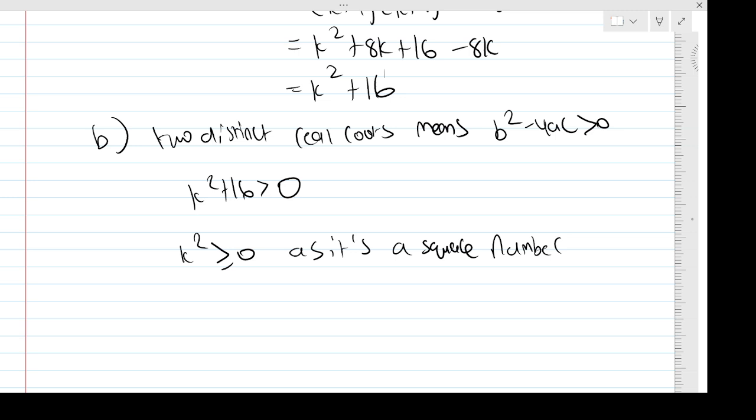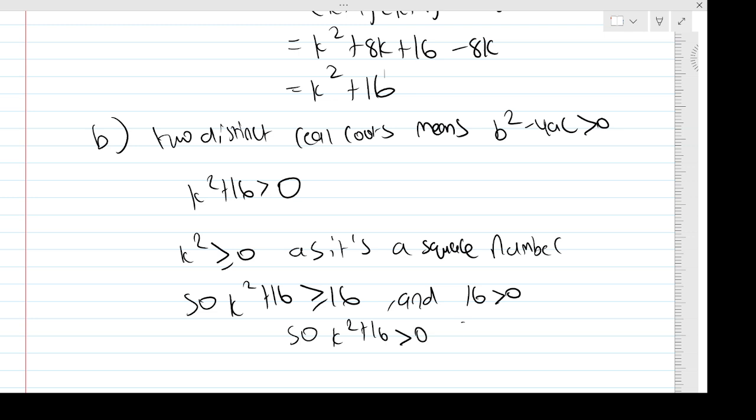So k squared adds 16 has to be at least 16, right? Because if k squared is a minimum at 0, then if we add 16 onto the 0 as a minimum, the new minimum is 16. And clearly 16 is greater than 0. So k squared plus 16 is greater than 0 for all values of k.